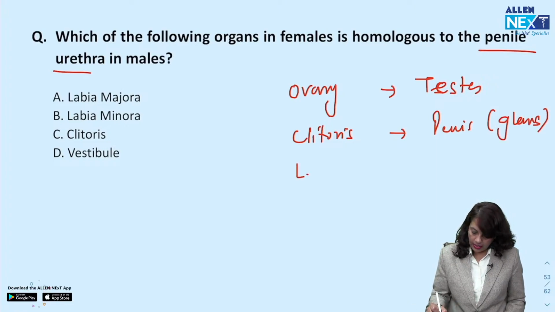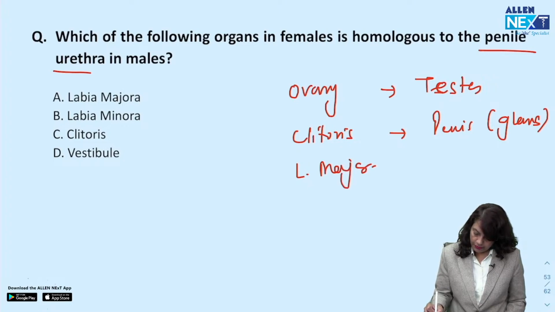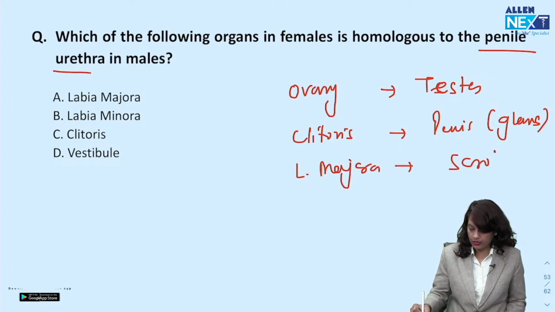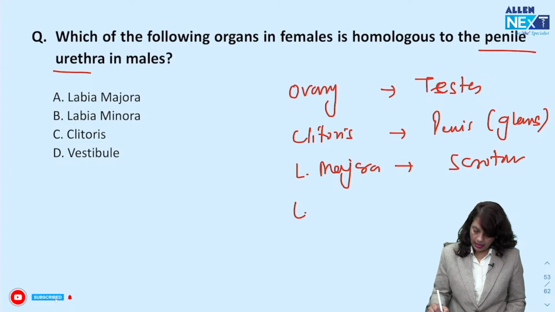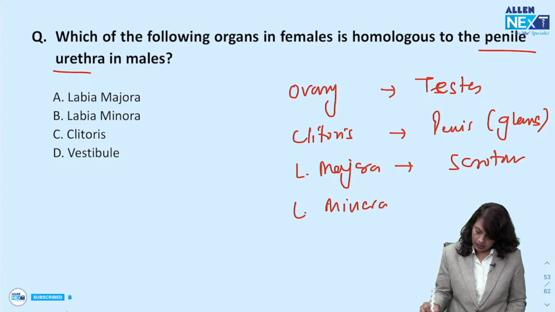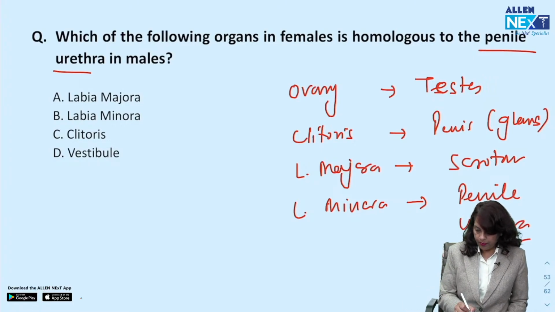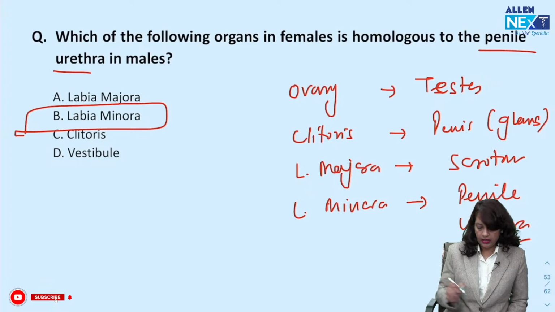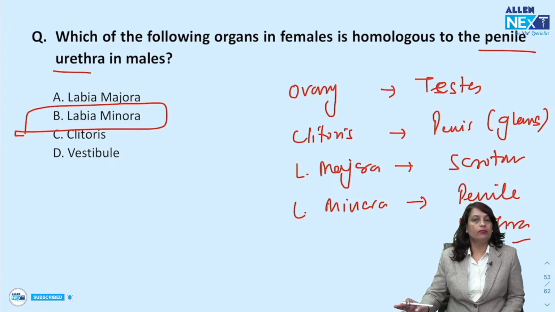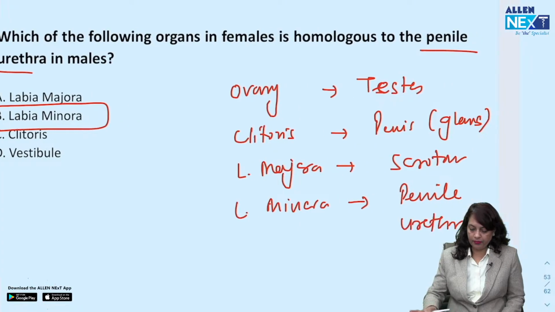Then labia majora in the female is homologous to scrotum, and labia minora is homologous to penile urethra. So for penile urethra, it is labia minora. Fine.